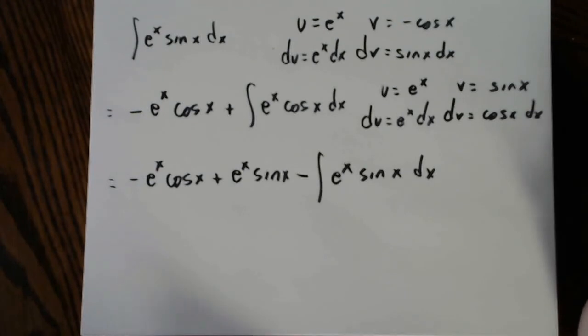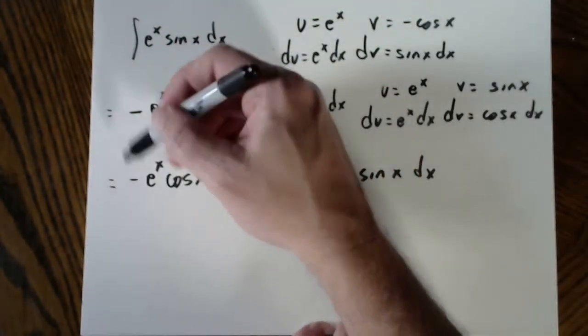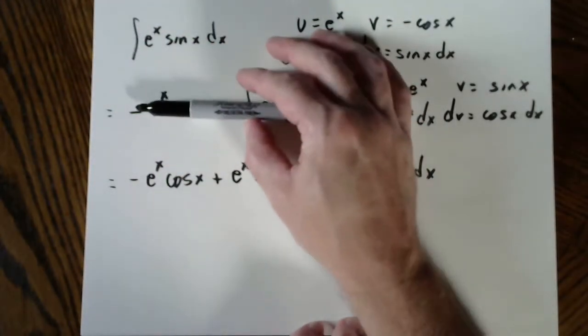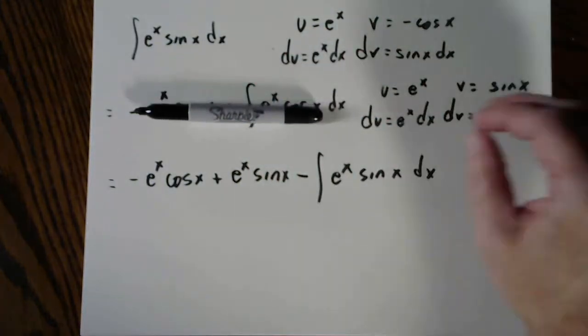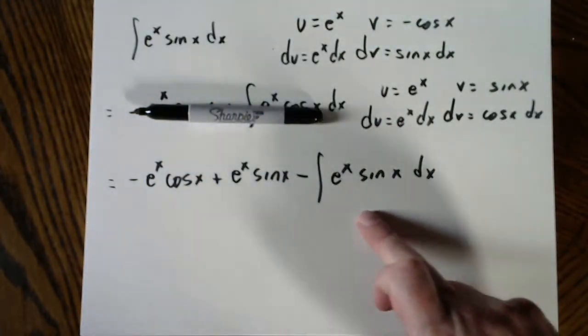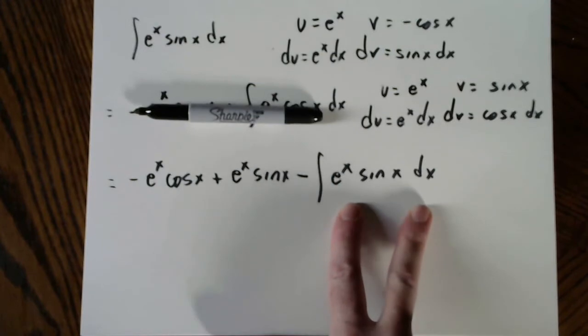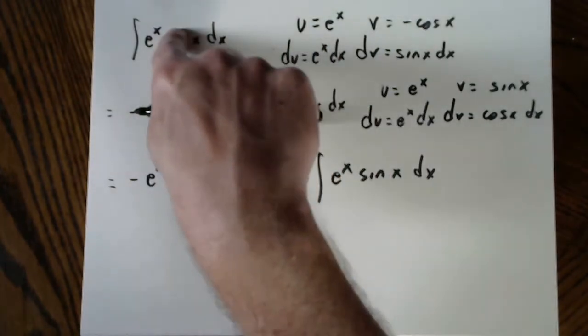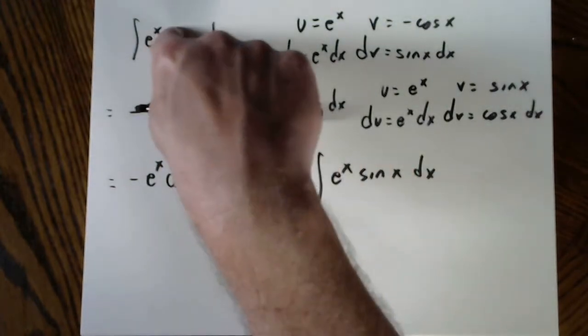Well, take a look at this. Remember, these are equal signs. And if I just kind of get that out of the way, it's saying this integral equals all this stuff. I see the same integral here. What can I do? I'll bring that to the other side. So I'll have two of them over here.